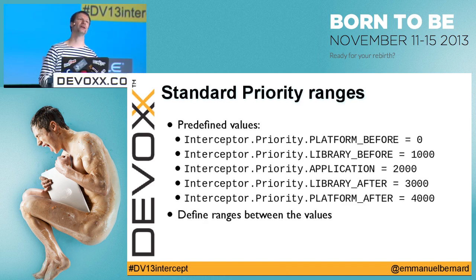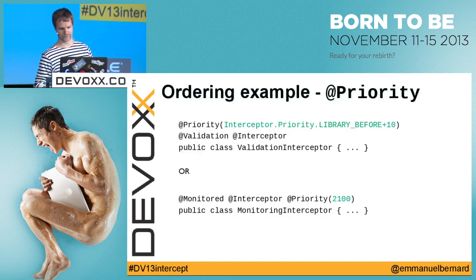It's not actually enforced, so if you as an application developer write a priority of level 5, you will be executed very, very early on. It's just recommendations here. So how does it work in practice? On the actual interceptor class, you simply add an @priority annotation. And you can use one of those range boundaries and add values.